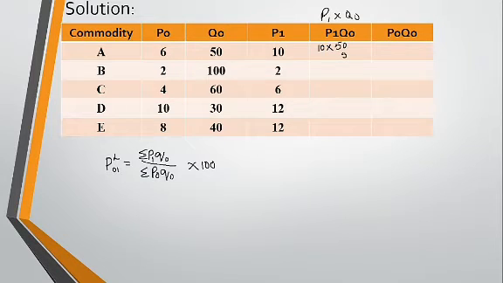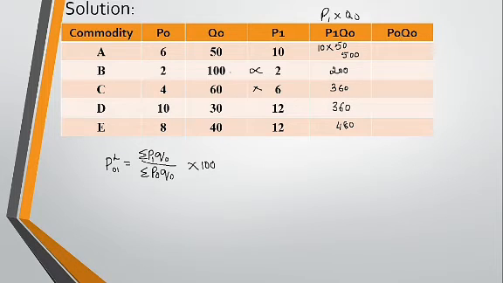So you will get 500. Similarly, 100 into 20 is 2000, 60 into 6 is 360, 30 into 12 is again 360, and 40 into 12 you will get 480. So like this you have to multiply.